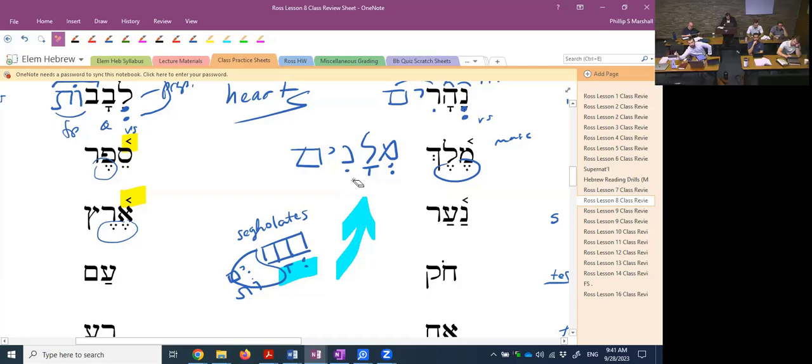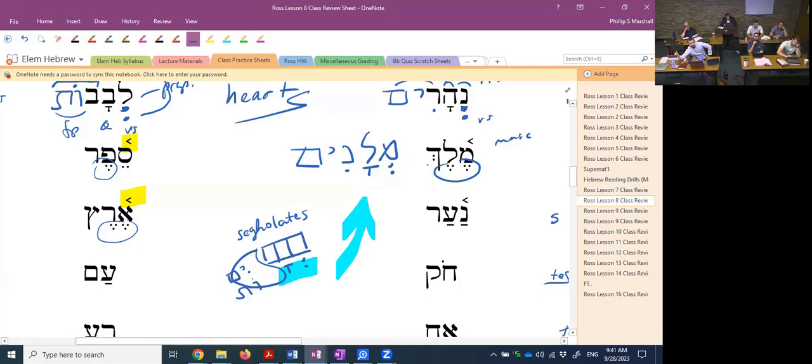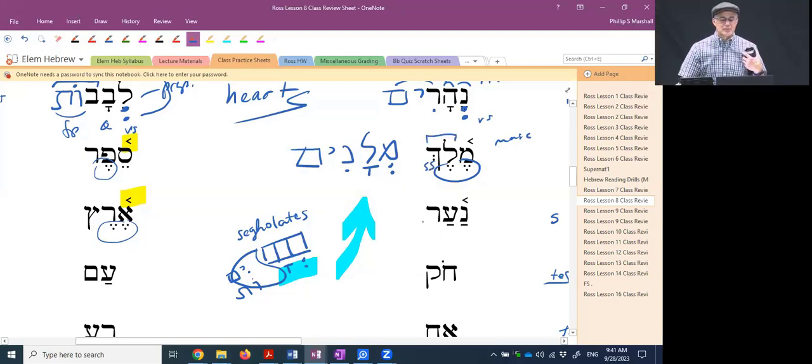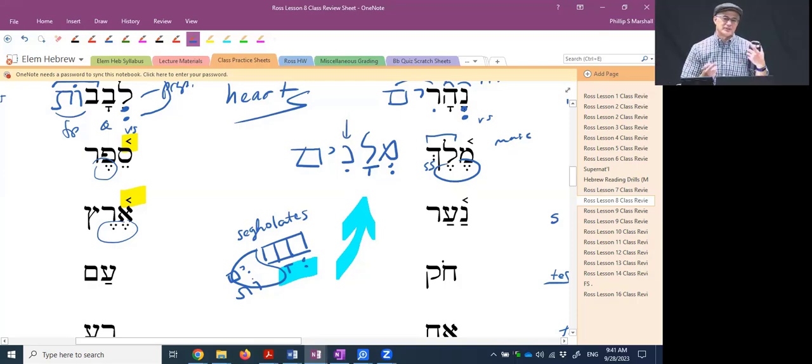So, question: what happened to the shva on the kaf? What kind of shva is that under the kaf? Silent. So okay, good. The kaf is closing the syllable here. Is the kaf closing the syllable there? No. So I don't have a closed syllable anymore where the kaf is the closing consonant.